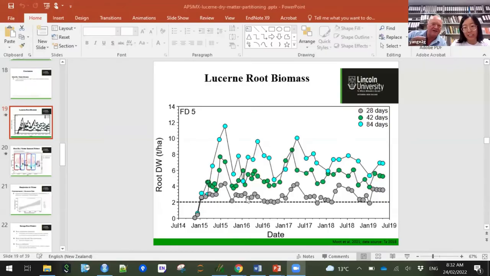Yes. And so Xiumei's just about to show you the root biomass data from yesterday. So the blue dots are actually the grey dots in this diagram here. Yes. And you can see that it was really designed to deplete it of its reserves and see how the plant would respond. And part of that response is a dilution of the nitrogen concentrations.